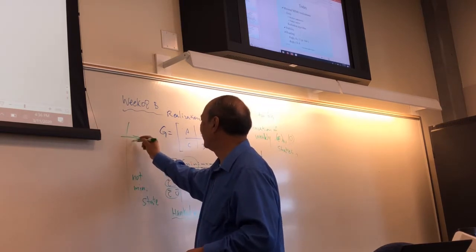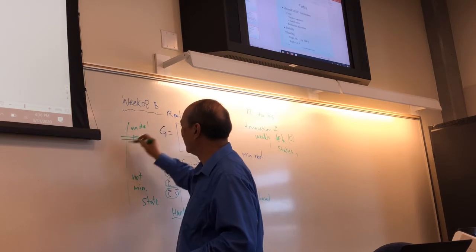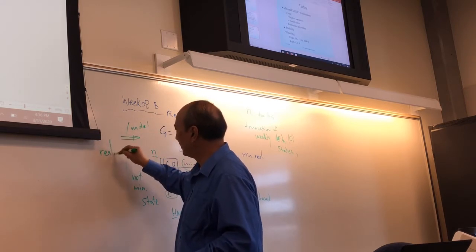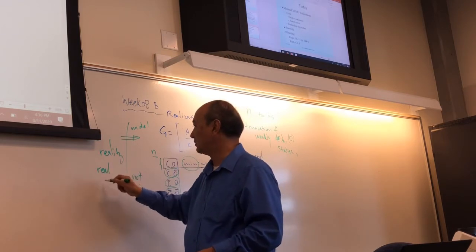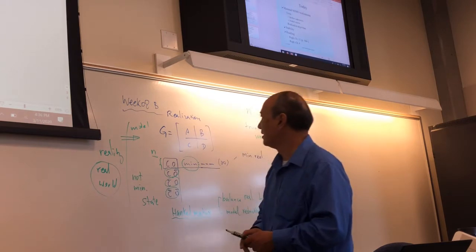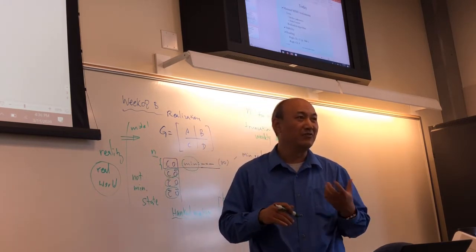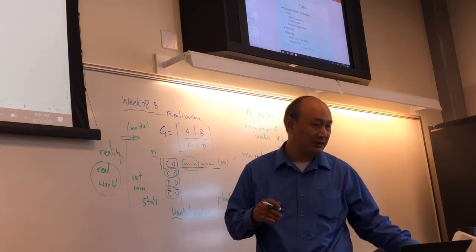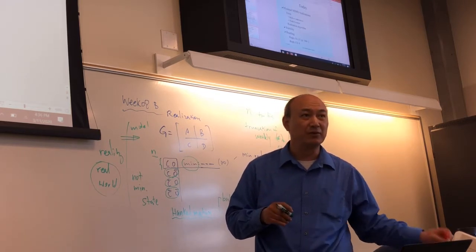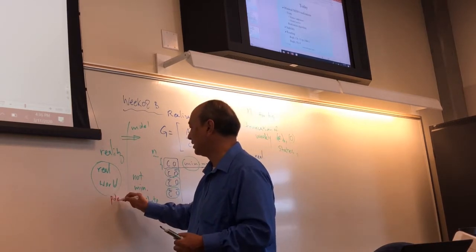So everything is a model of a reality, okay? Reality or real world, okay? That's why in the real world, the model of that one, usually you need infinitely many states to fully describe it. Say for example, usually in the real world, you have a PDE, okay?